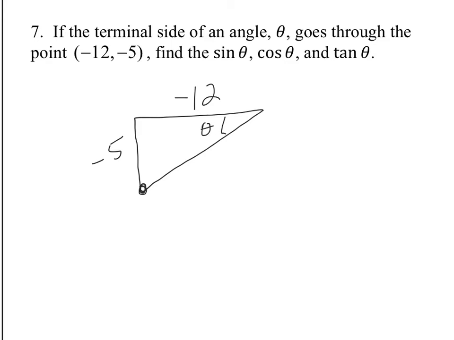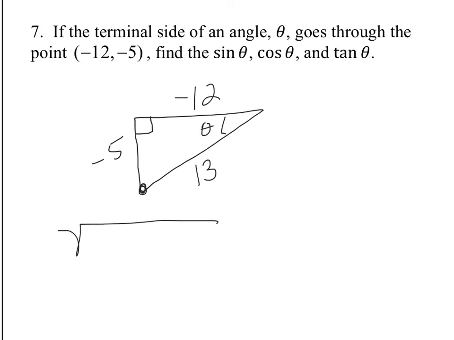So we have a right triangle that's formed. And so whenever we have a right triangle that's formed, we can use the Pythagorean theorem to find the hypotenuse. Or you can, if you recognize that you have a Pythagorean triple, you can just use that. But you may not have a Pythagorean triple. So if you don't have a Pythagorean triple, then you're going to just use the Pythagorean formula.